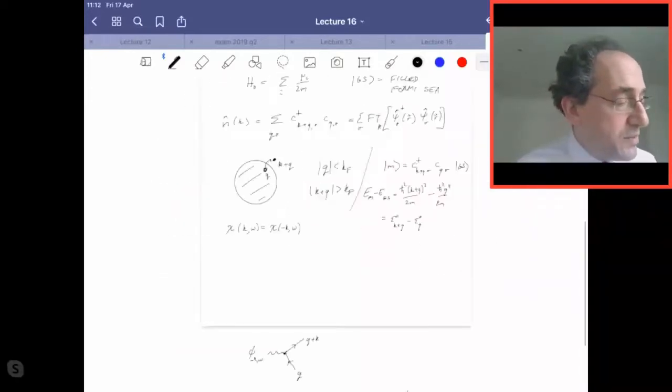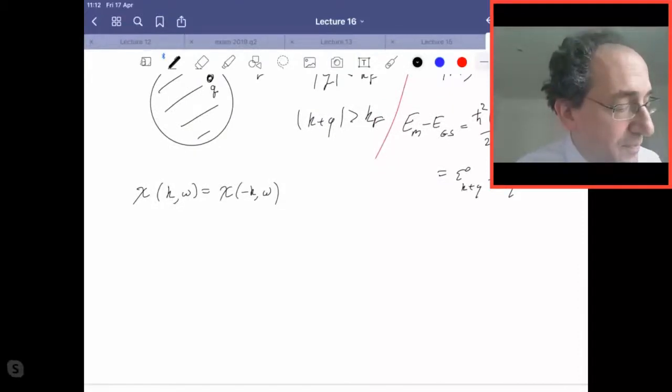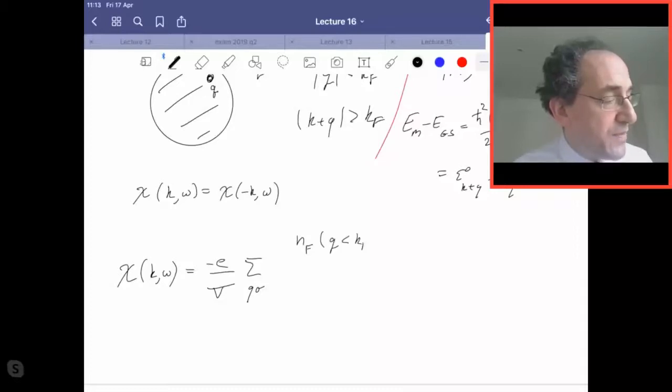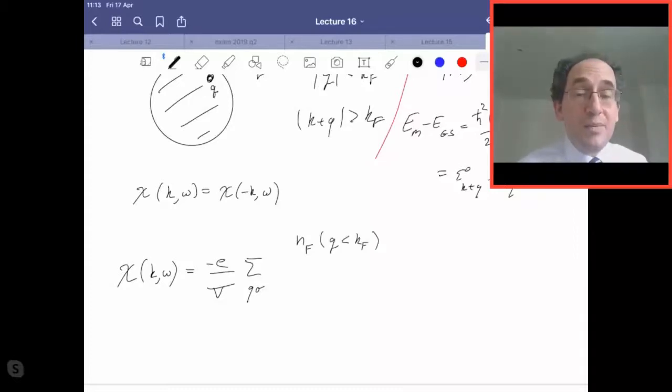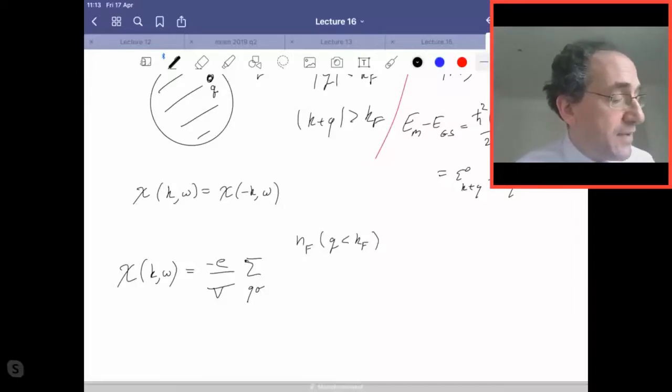We come to the final result, which requires a couple lines of algebra, which I still have to write in the notes, but it's not too hard. It's a good exercise to go through. Sum over q and sigma of f, where f here is supposed to be the Fermi function. We're really considering these things at zero temperature, so it's really a step function.